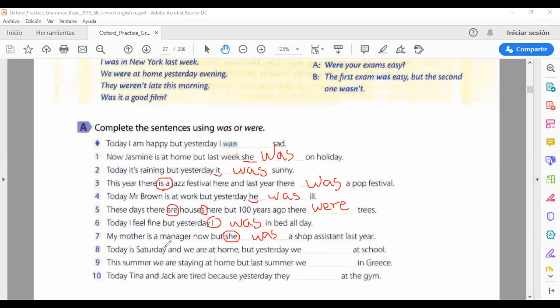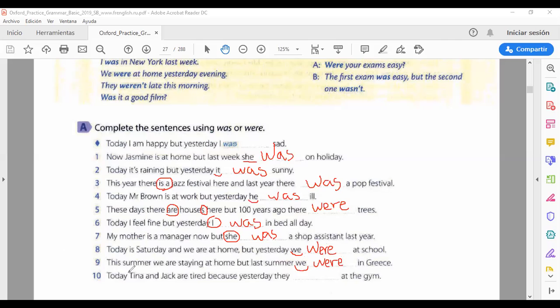Number 8, today is a Sunday and we are at home, but yesterday we, plural form, therefore I have to use this one right here, we were at school. Number 9, this summer we are staying at home, but last summer we, plural form, we were in Greece.